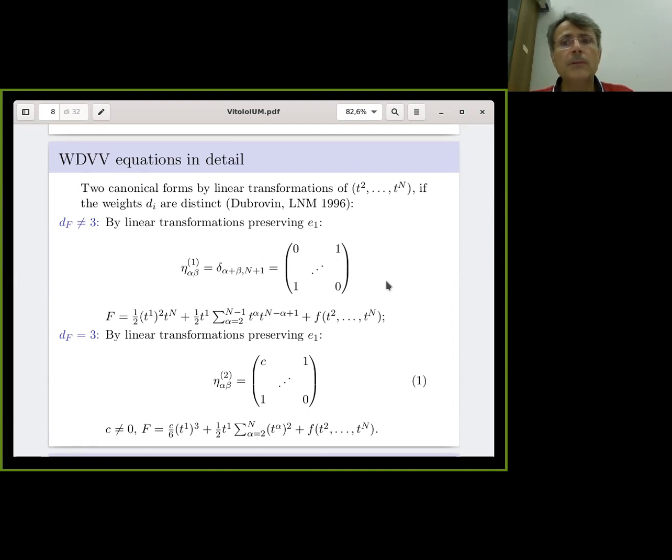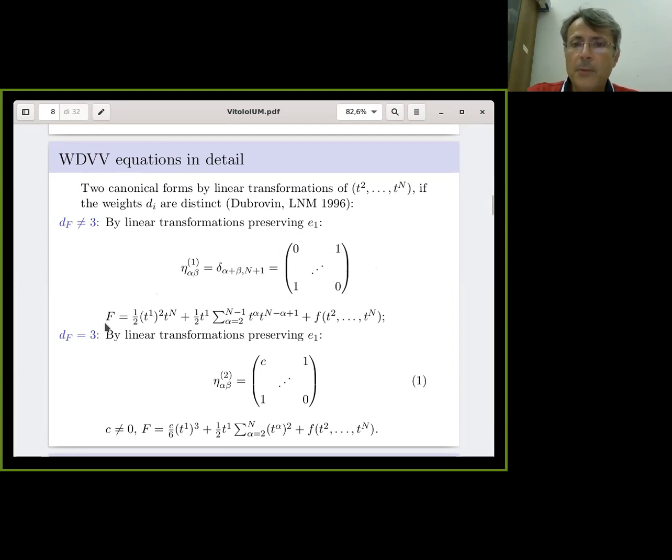You can easily prove that WDVV is invariant under these transformations. And what happens is that you can transform the matrix eta from a generic matrix to this anti-diagonal identity matrix. I cannot find a better name than that to describe this matrix. So it has 1, 1, 1 on the anti-diagonal and 0 outside.